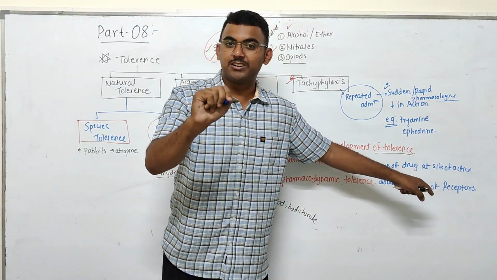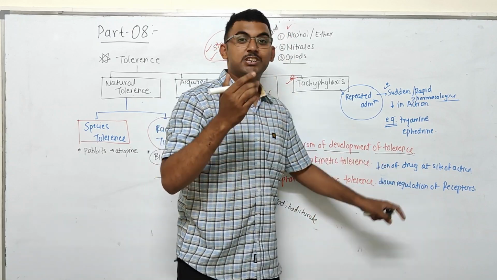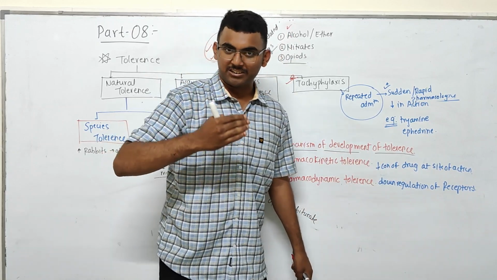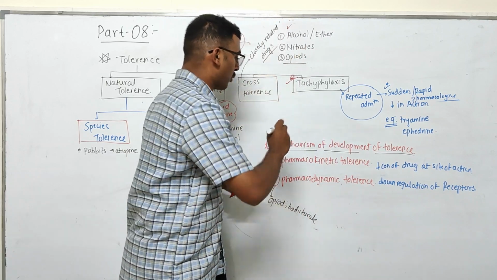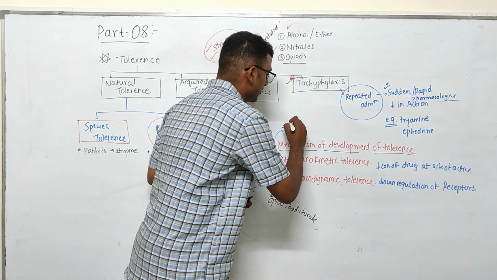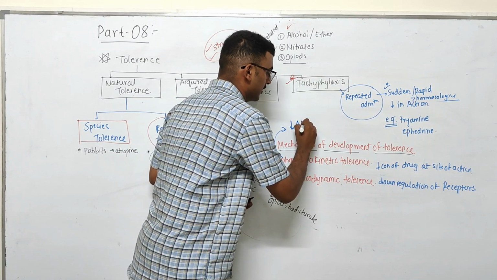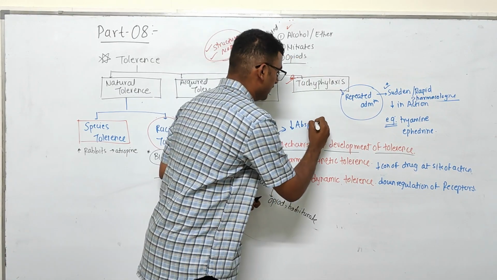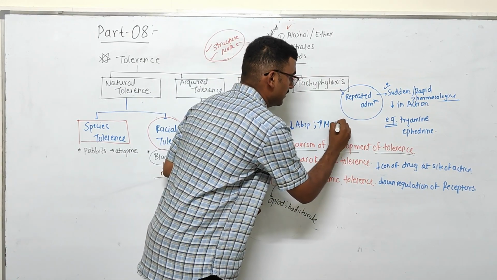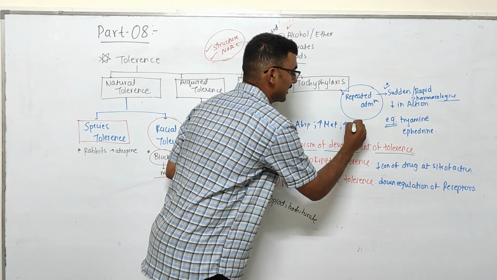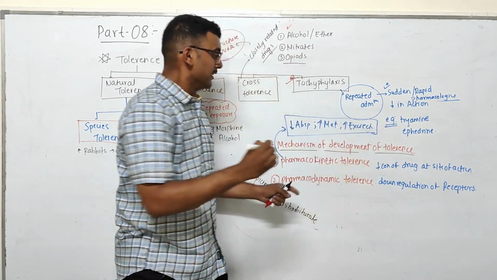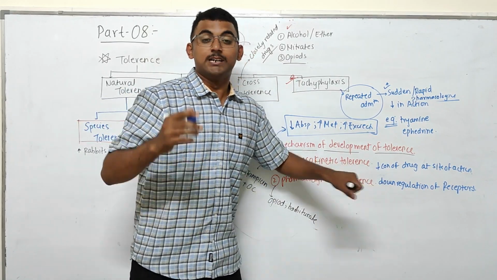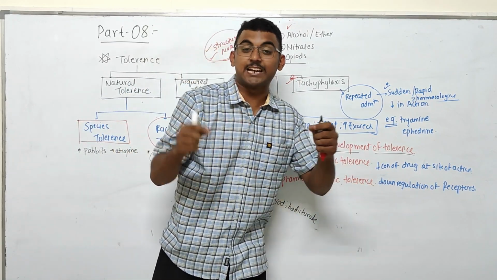Because when you repeatedly administer the drug, the body might decrease the absorption, increase the metabolism, and increase the excretion. So pharmacokinetic tolerance means it is going to decrease the drug concentration at the site of action.